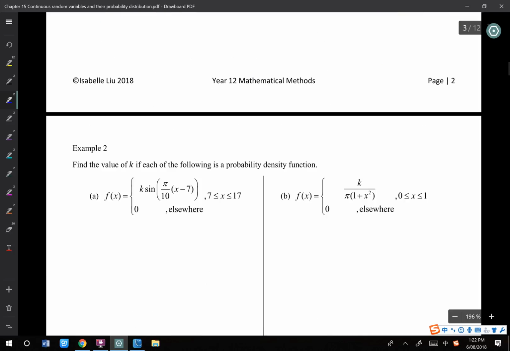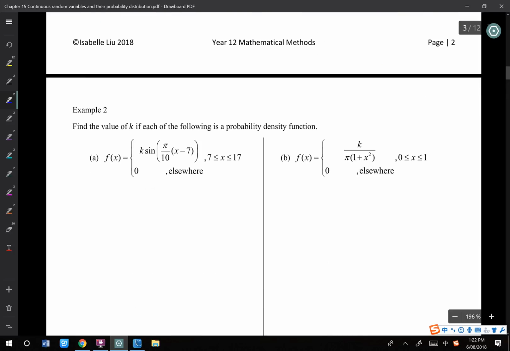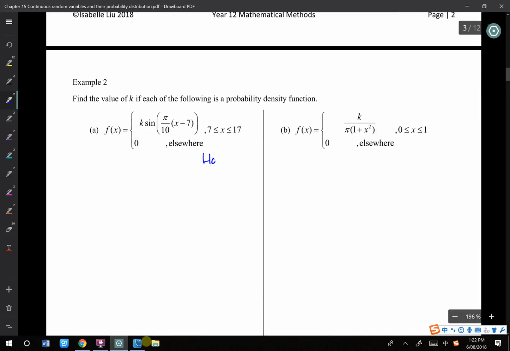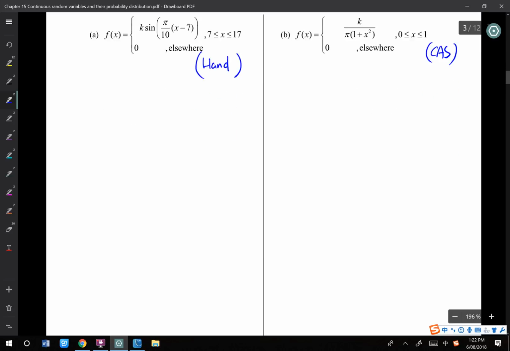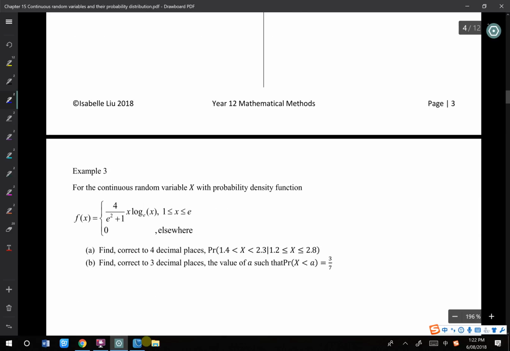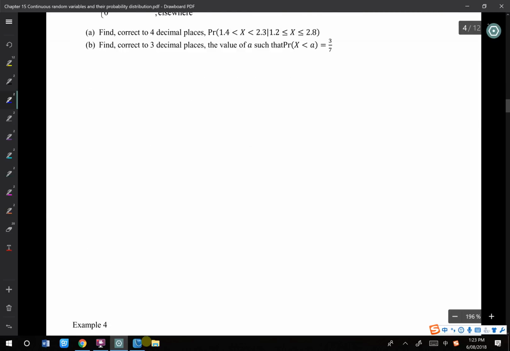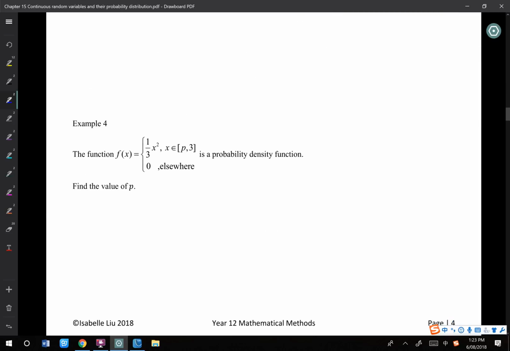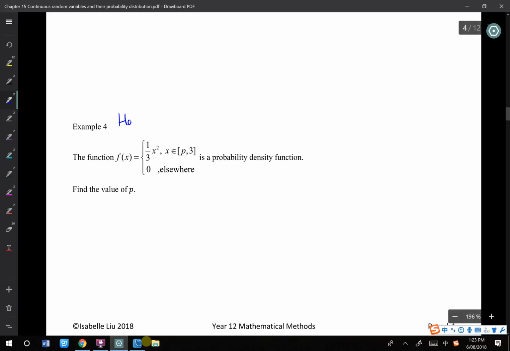Okay, this one, I want you to do by hand and this one by CAS. Okay, this one by hand and that one by CAS. And you can get example 3 done as well. Well, you can do example 3 by CAS, and example 4 by hand.